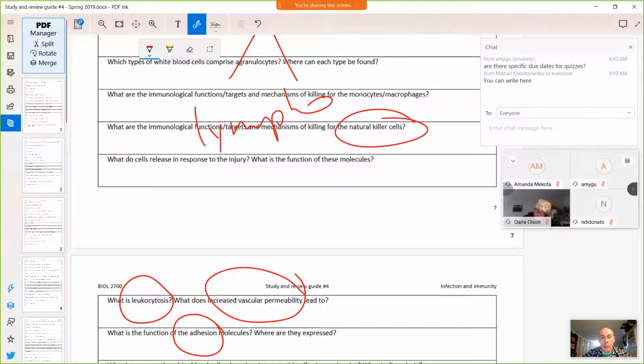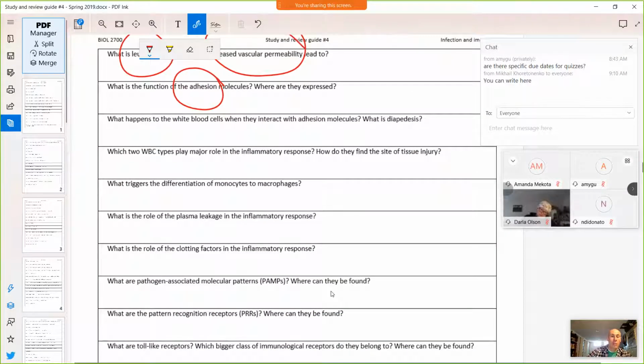Increased vascular permeability allows plasma and white blood cells to migrate from the blood vessel into the tissue, and the adhesion molecules on the surface of the blood vessels basically trap white blood cells at the site of injury.